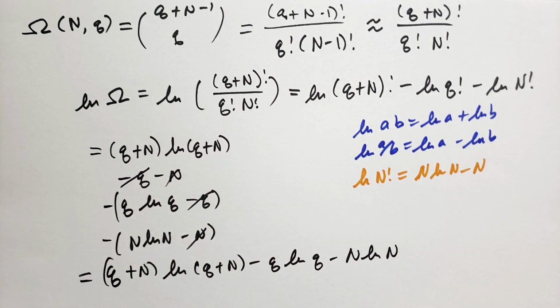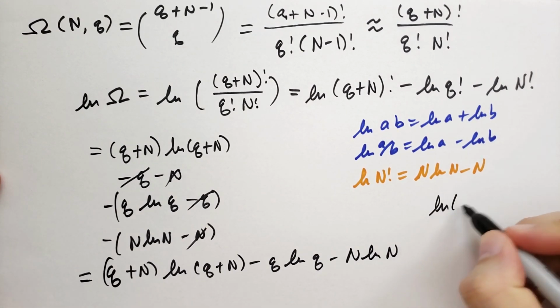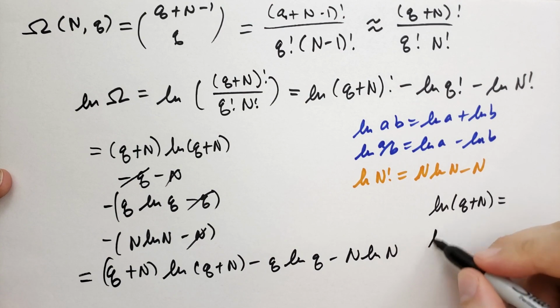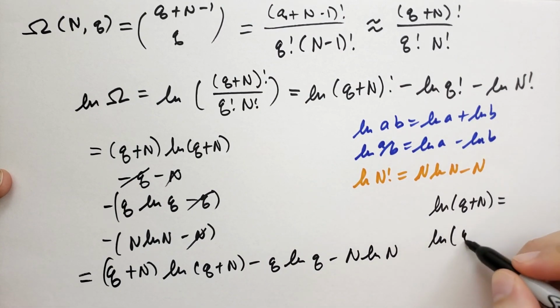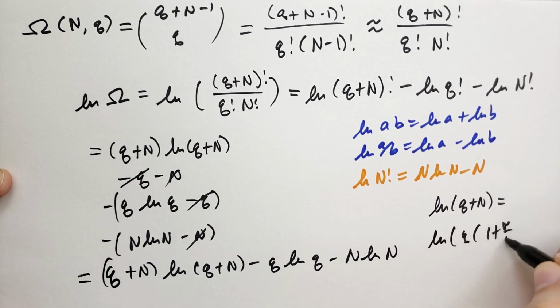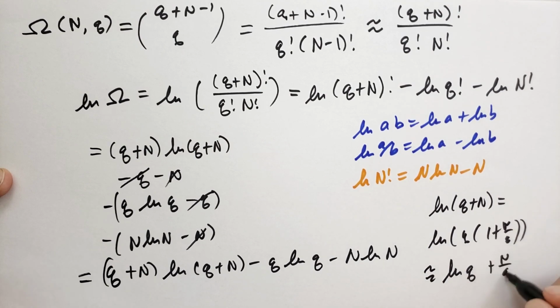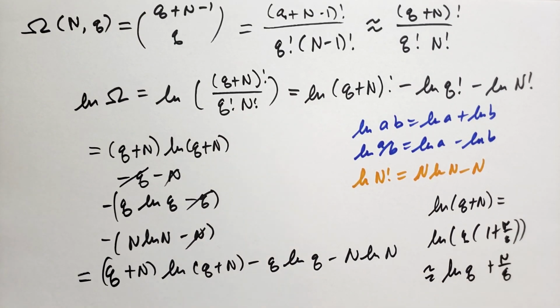At this point, we can go back to what we did in problem 213, part B, and we can replace the log of (q plus n) with the log of q times (1 plus n over q), which is going to be about equal to the log of q plus n over q. That's using the approximation.